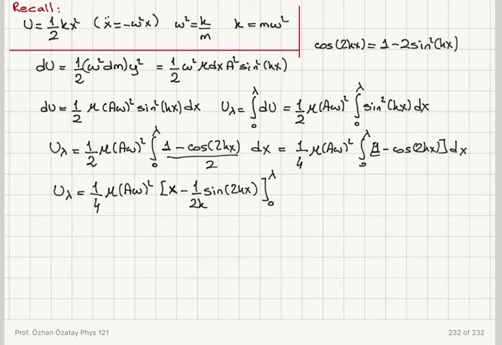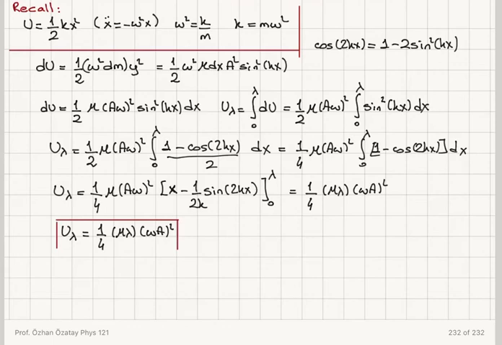And similar to the previous case, I will just obtain from this integral 1 over 4 mu lambda omega squared a squared. So the total potential energy carried in one wavelength is 1 over 4 mu lambda omega squared a squared. It's exactly the same answer as the kinetic energy carried in one wavelength.